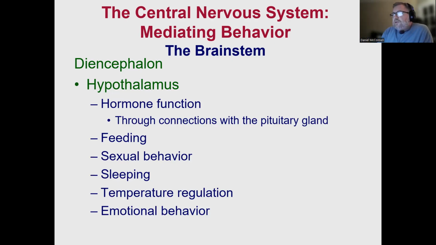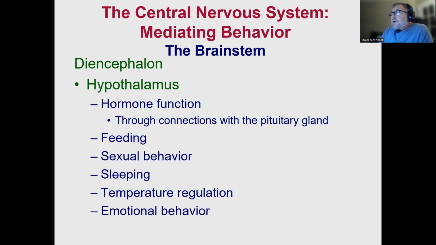Further on up above the midbrain, we find the diencephalon, and here the hypothalamus is an important part of this. There's a whole lot that we're going to need to talk about when it comes to the job of the hypothalamus. It's a fairly small part of the brain, but nevertheless a very important but somewhat primitive part.